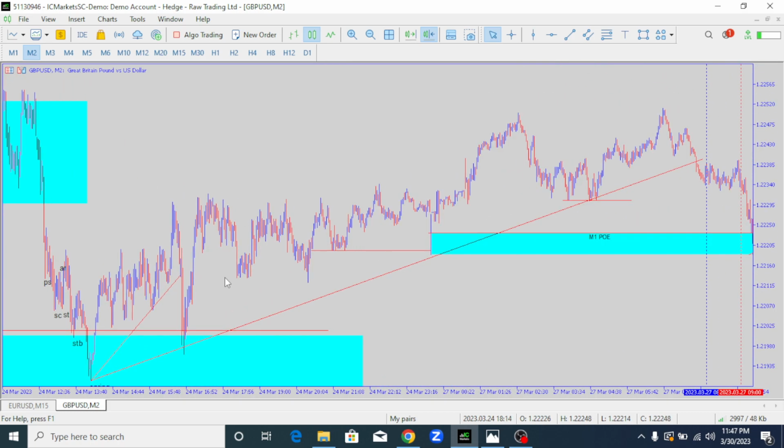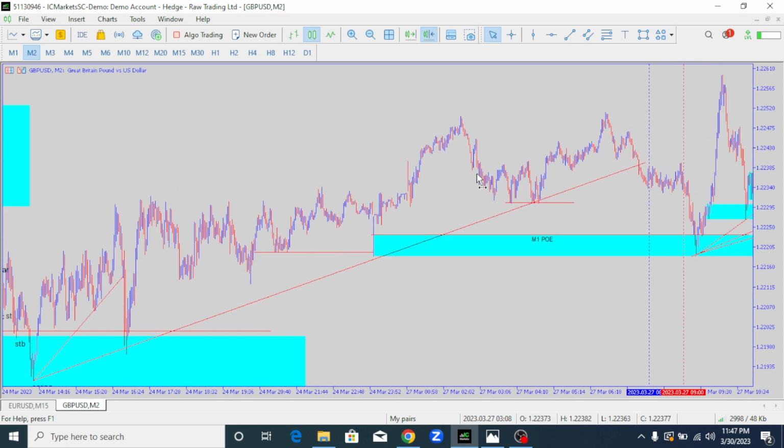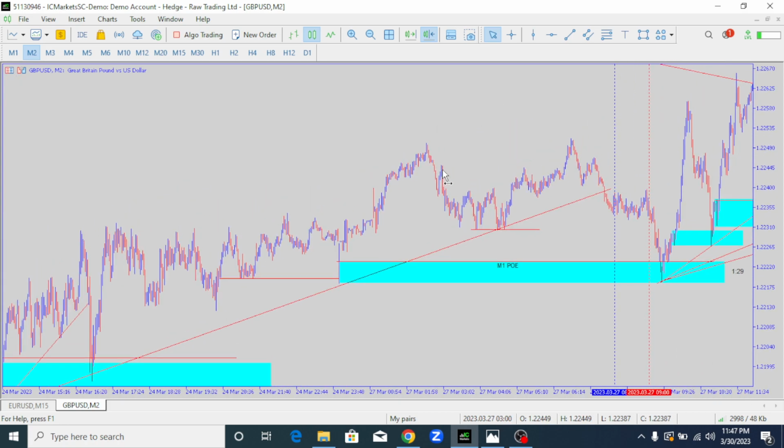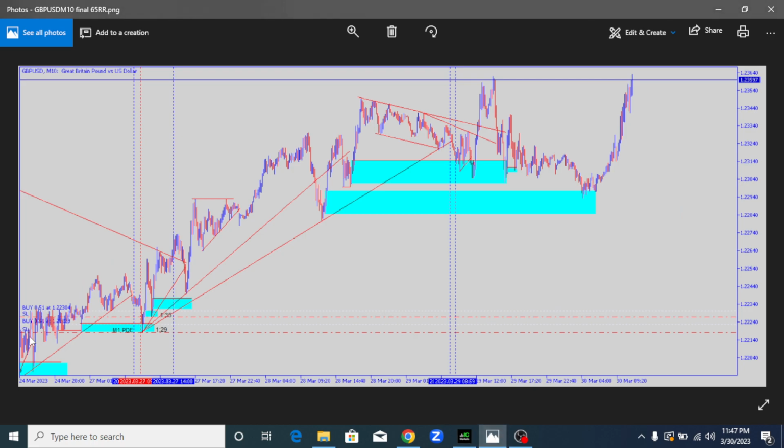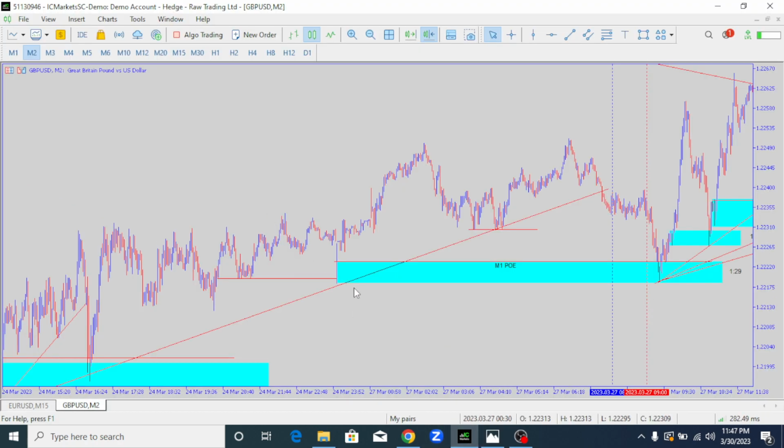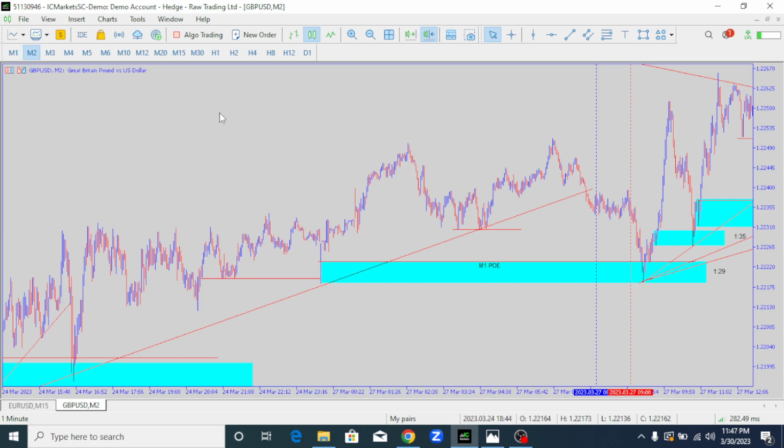You see, the price continued creating this bullish order flow. So my first entry was taken around this point, this M1 point of entry.